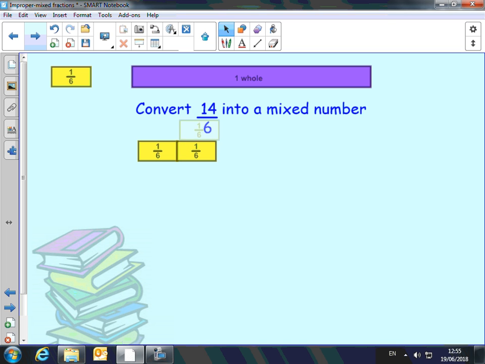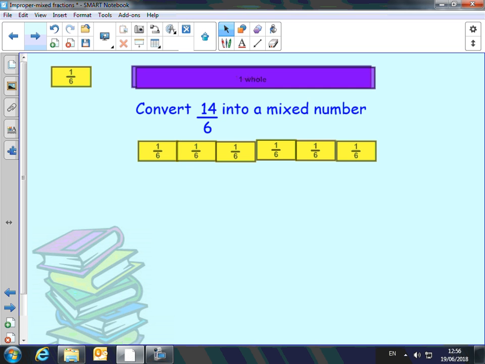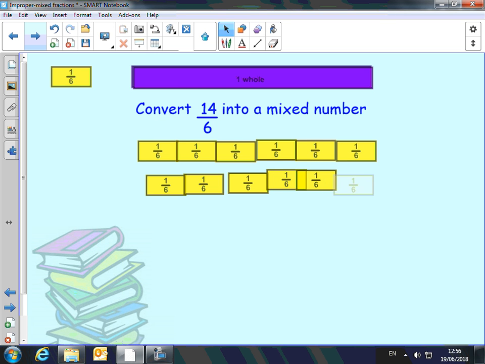So it's 1, 2, 3. Just bear with me while I get this all onto the board. 4, 5, and 6. So we can see that 6/6 is the same as 1 whole. Okay, so that's us got 6 there. 7, 8, 9, 10, 11, 12, I will get there eventually, don't worry. 12, 13, and 14.